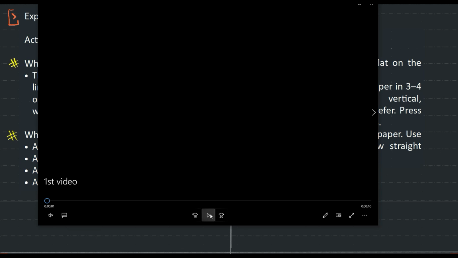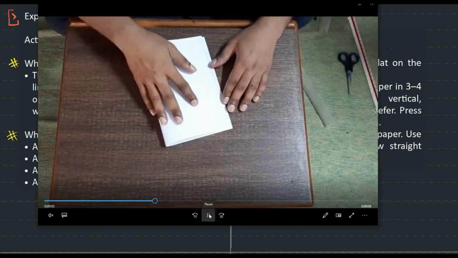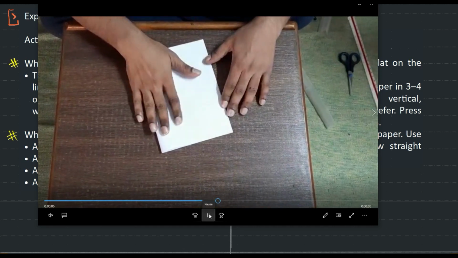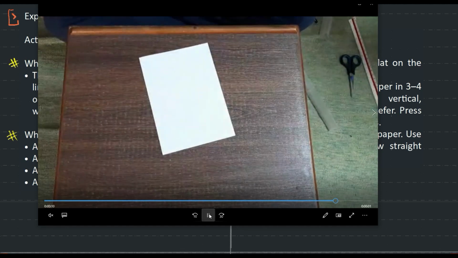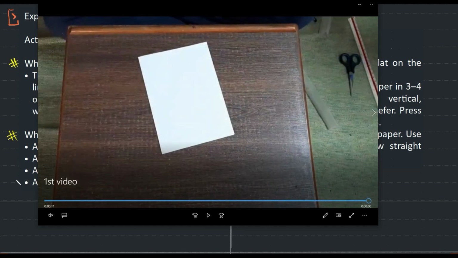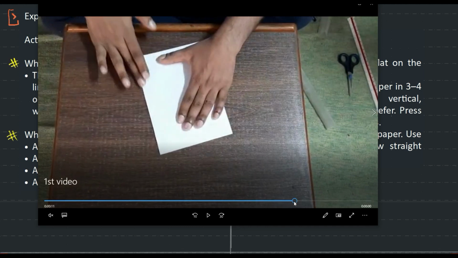This is an example for another activity actually, but that's a sheet of paper and I'm folding it, and I got a crease. So basically you have to hold it hard, see to it that everything is in place, and once that is clear, press it hard.